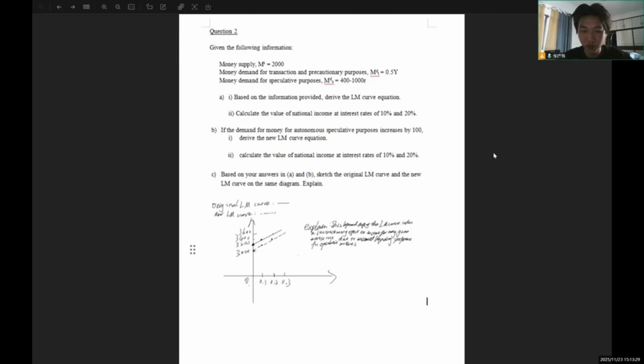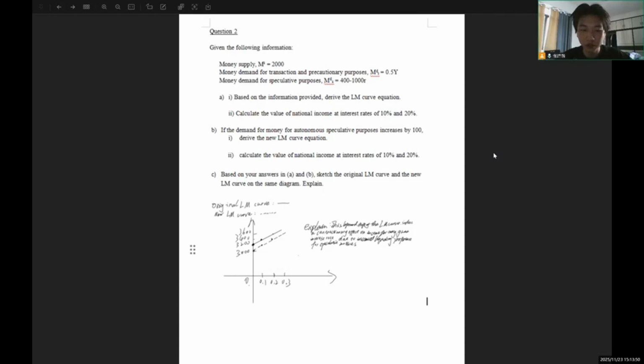Both curves are upward sloping straight lines, with the new LM curve located 200 units to the left of the original LM curve at all interest rates.